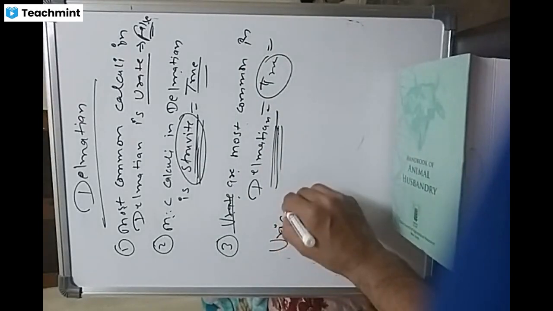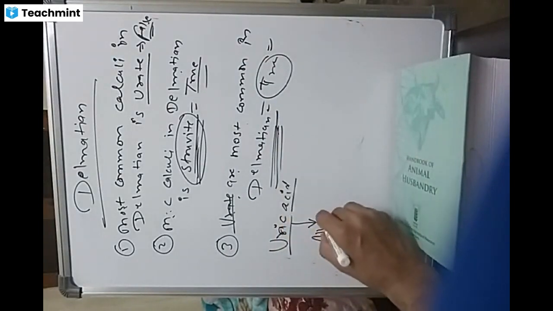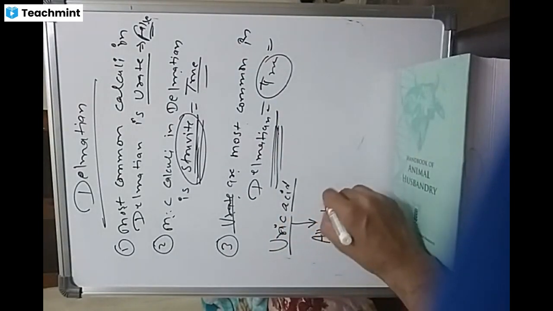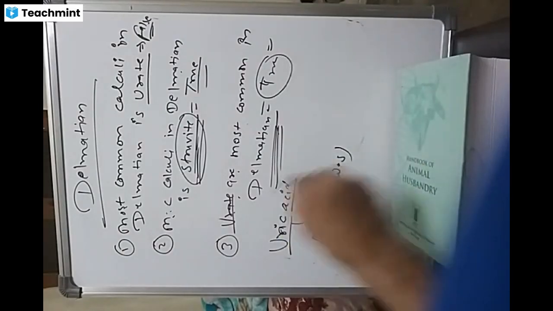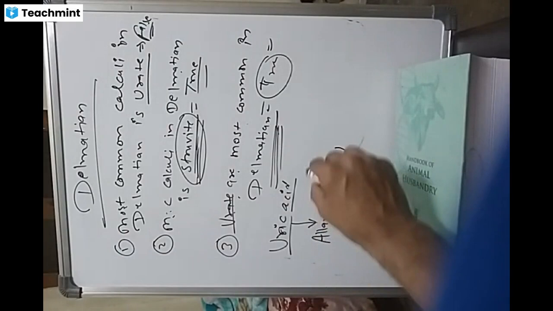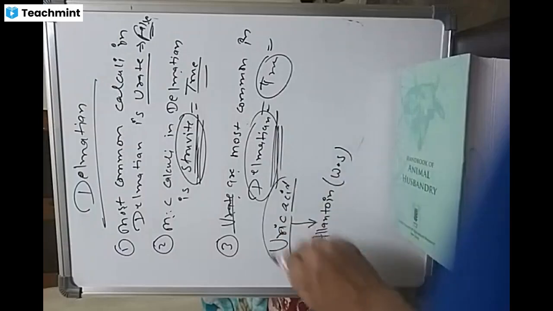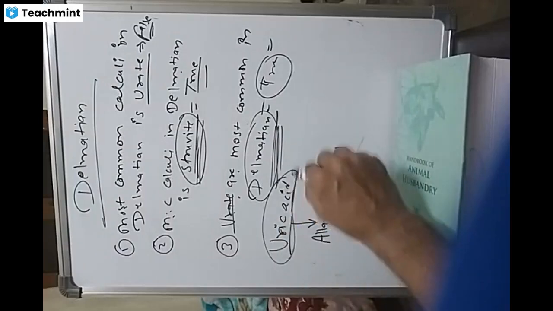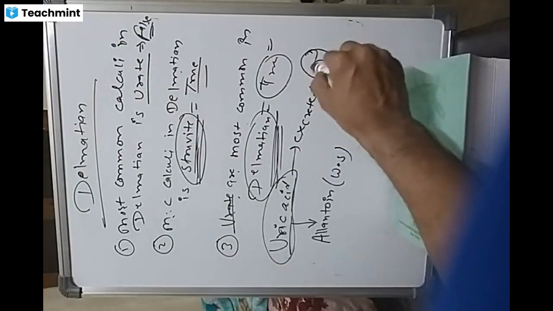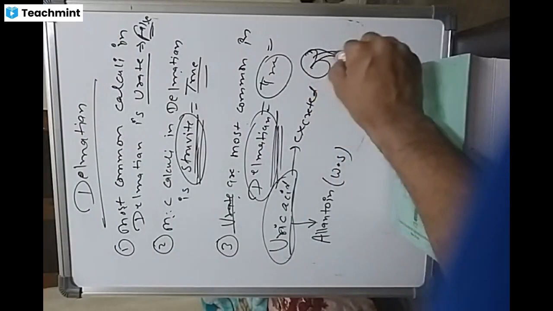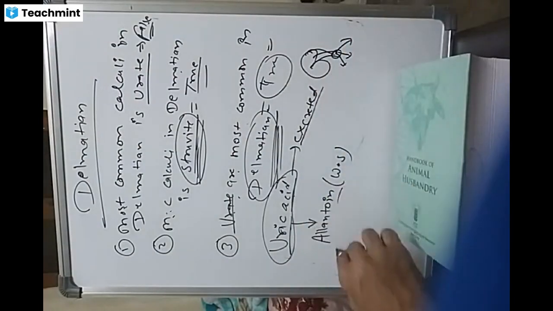Uric acid normally converts into allantoin, which is a soluble product. In case of Dalmatian, this uric acid is excreted in the urine. It is excreted, not converted 100%.